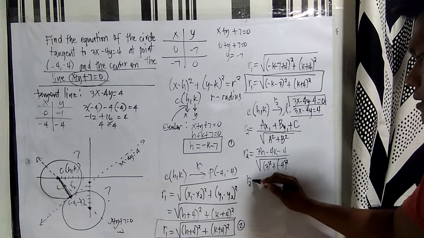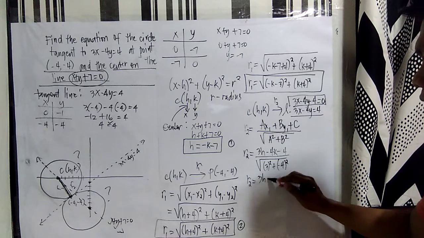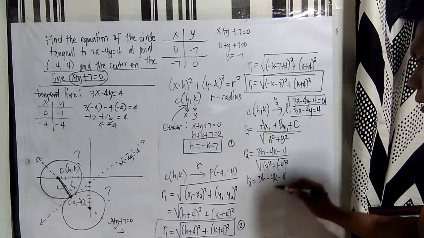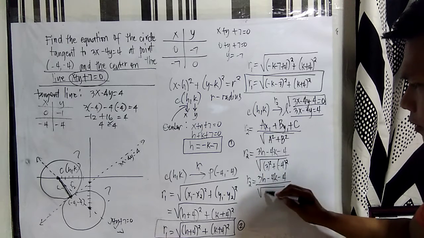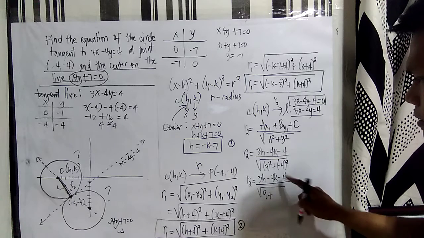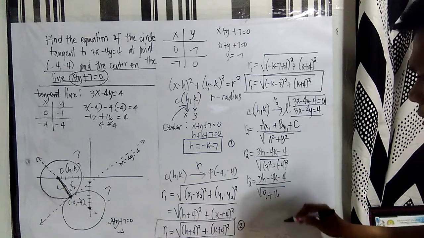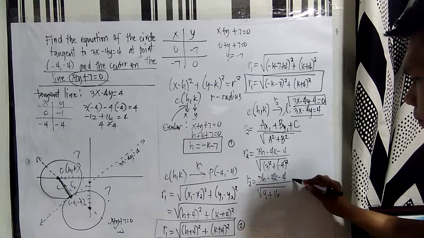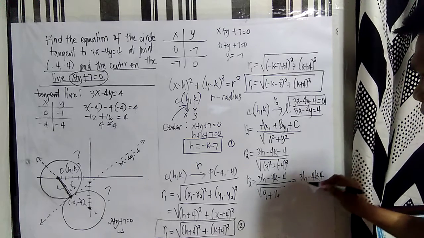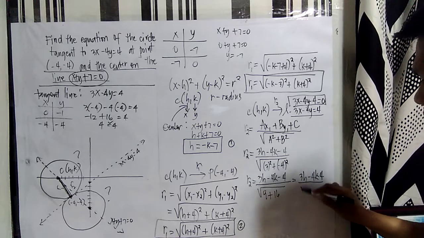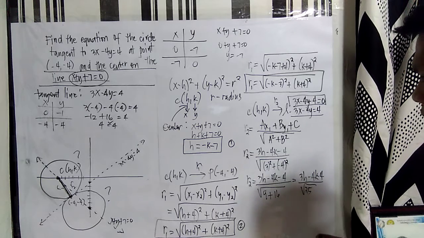So what is our r sub 2? 3h minus 4k minus 4 all over the square root of 3 square is 9 plus negative 4 square is 16. Or this will be 3h minus 4k minus 4 over 9 plus 16 is the square root of 25.